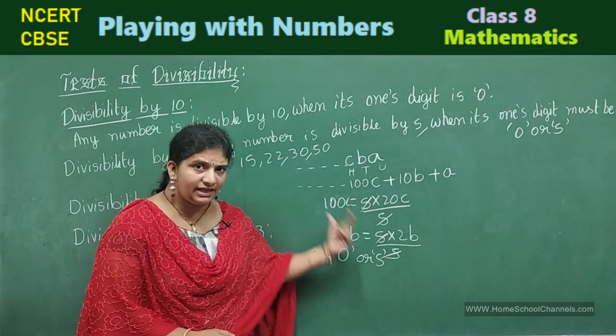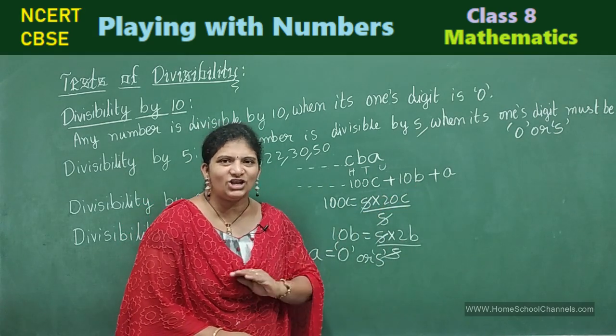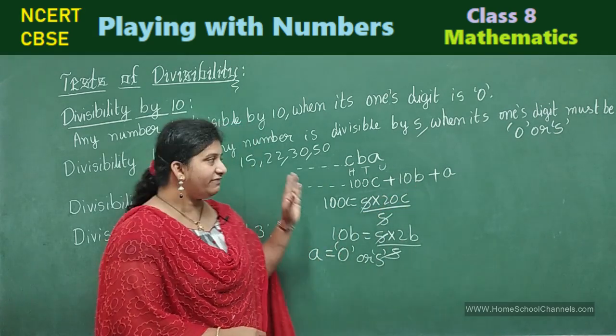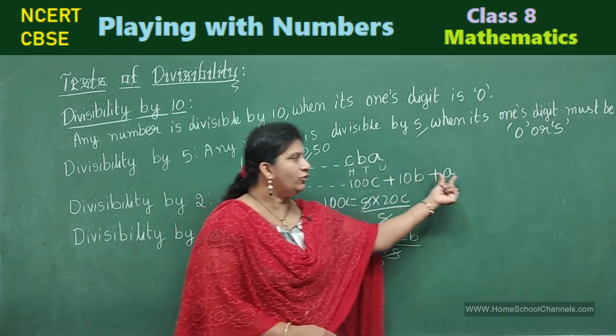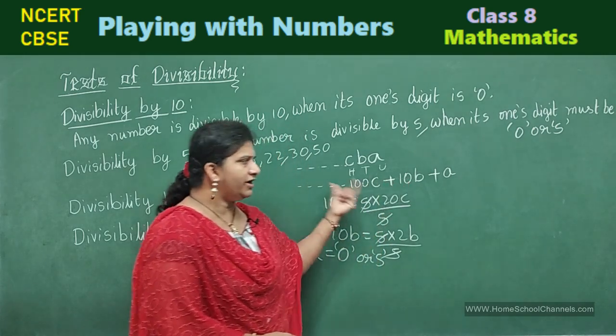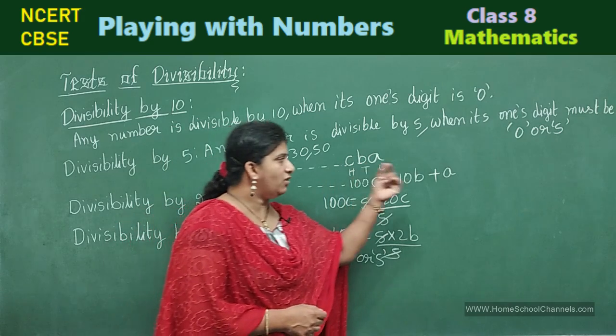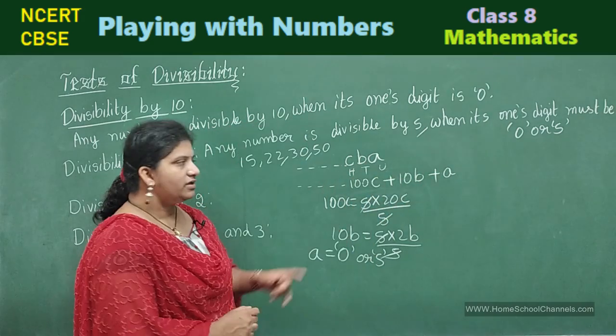Other than 0 and 5, that number is not divisible. When we split, we need to observe only this value. The remaining parts will all be divisible by 5 and 10 and so on. We need to observe only this digit.